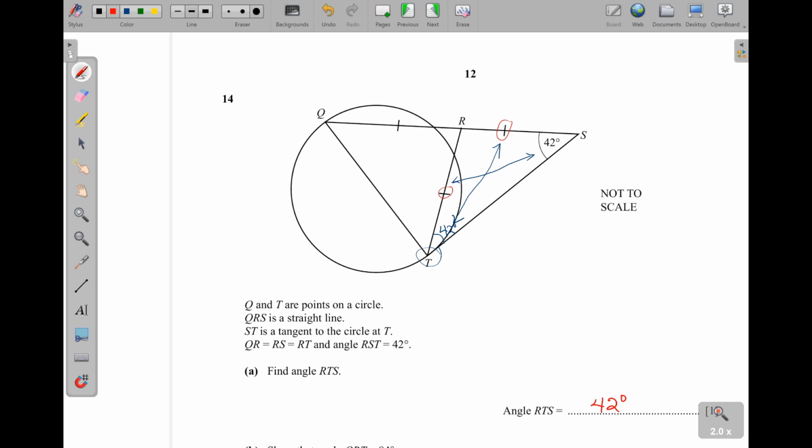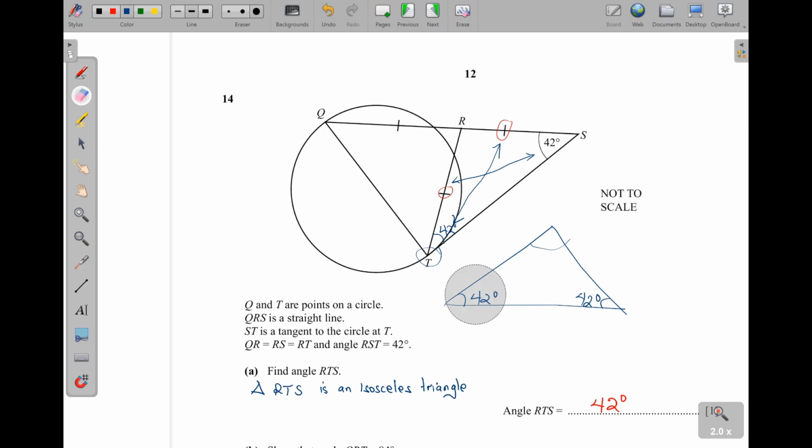The geometric reason here can be, I mean for RTS, triangle RTS is an isosceles triangle, and the base angles of an isosceles triangle are always equal. Okay. What do we mean by base angles? We have this one here, and then we have this one here. They are base angles. Then this other one will be a different one.